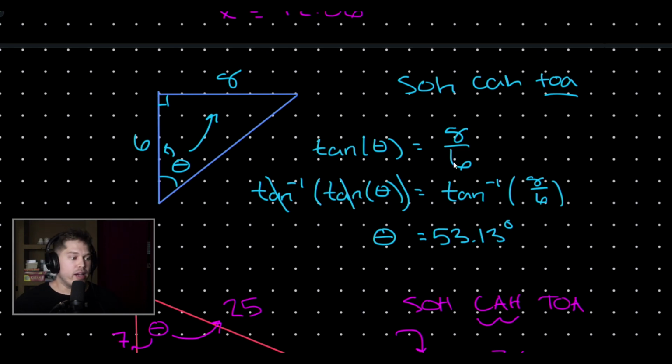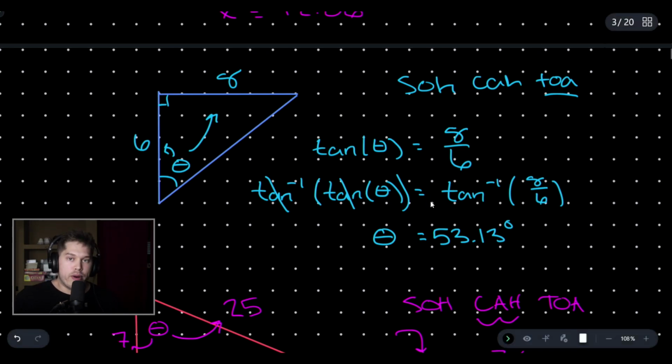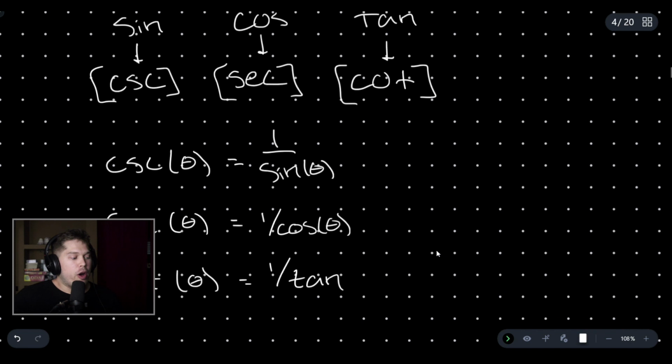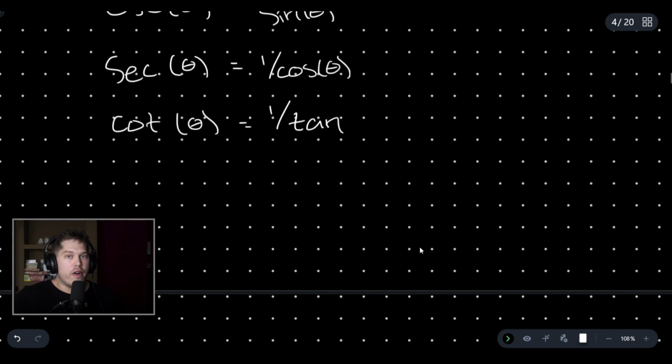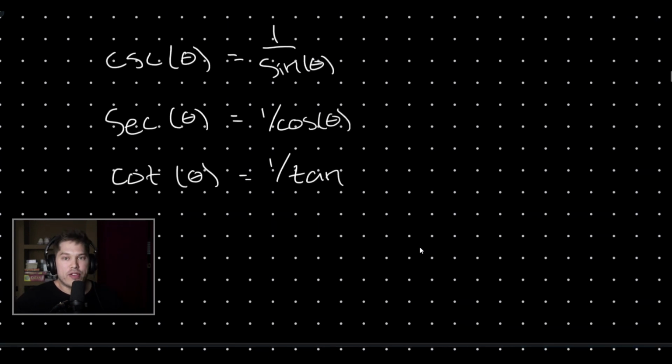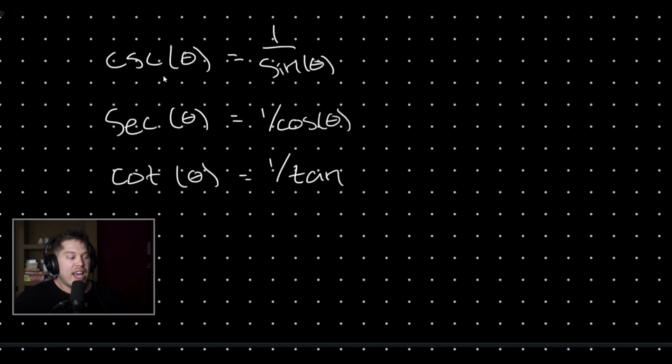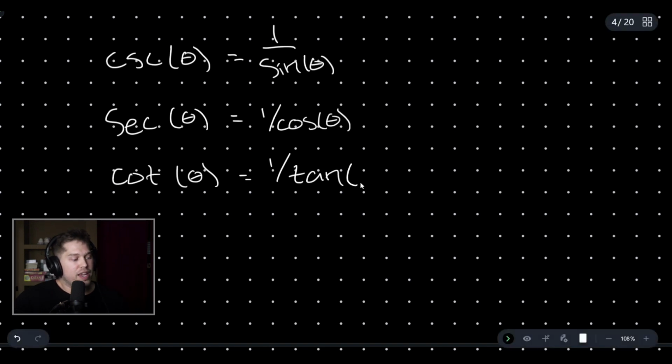Therefore, we applied the arctangent, and whenever we plugged that into the calculator, we found our missing angle measure. Lastly, I let you know about the relationship of our other 3 trigonometric functions, cosecant, secant, and cotangent, where cosecant is 1/sine of theta, secant is 1/cosine of theta, and cotangent is 1/tangent of theta.